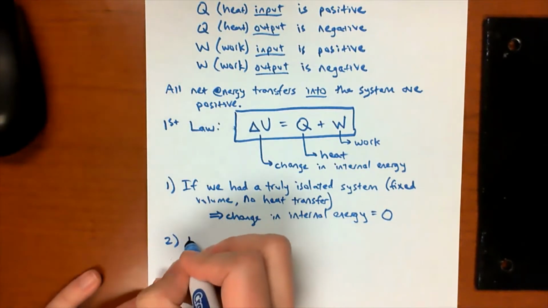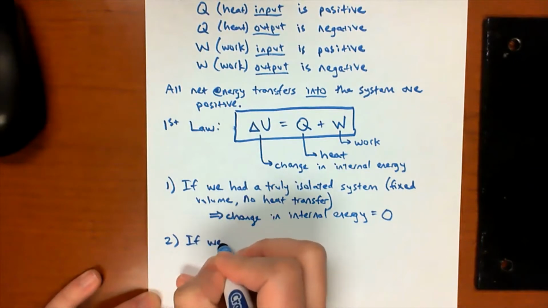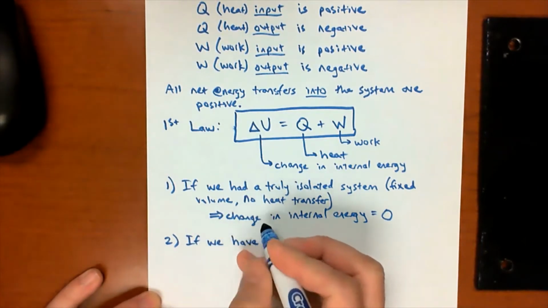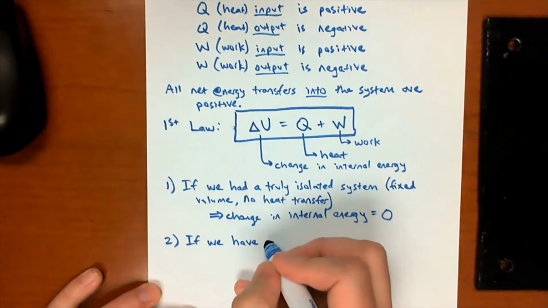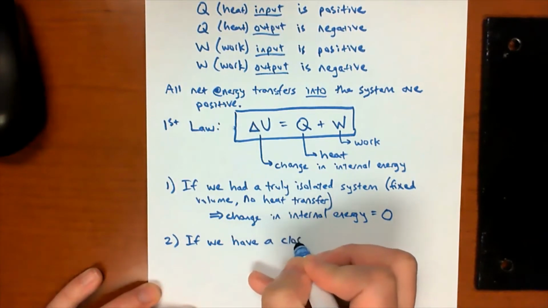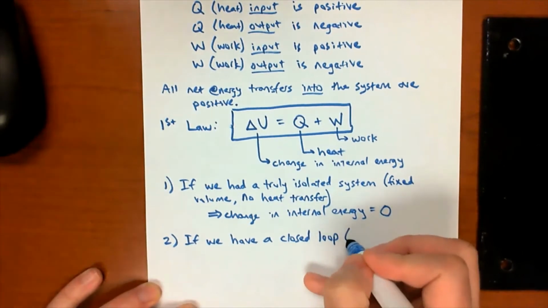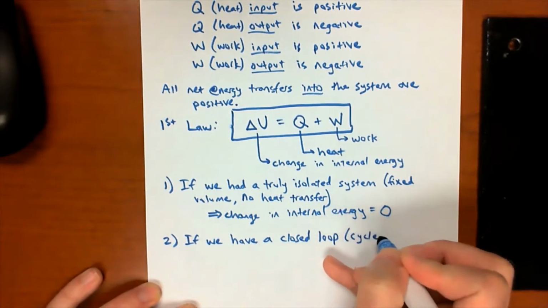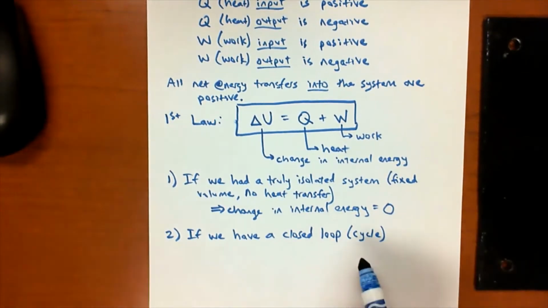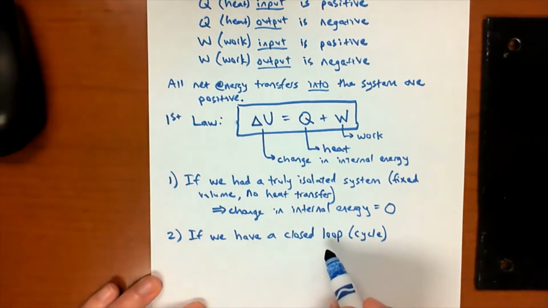And what we can say is that if our system is really a closed loop or a cycle, that's just another word to describe a closed loop, like our steam cycle that we've talked about a little bit.